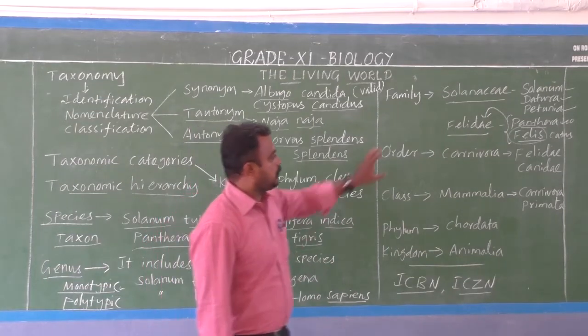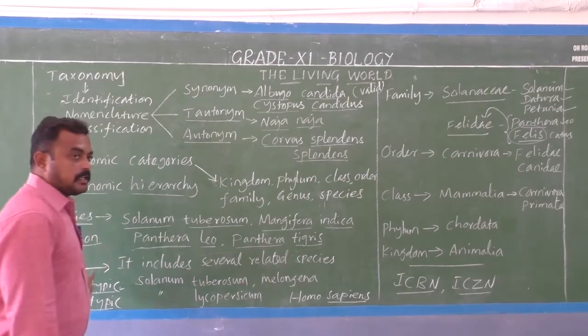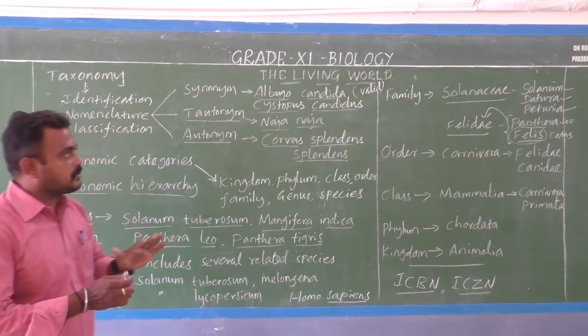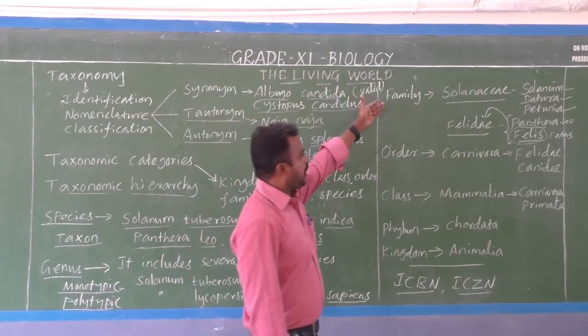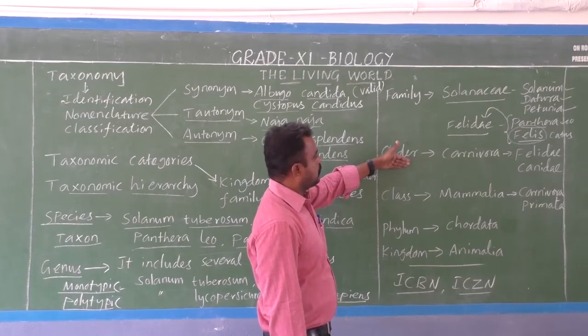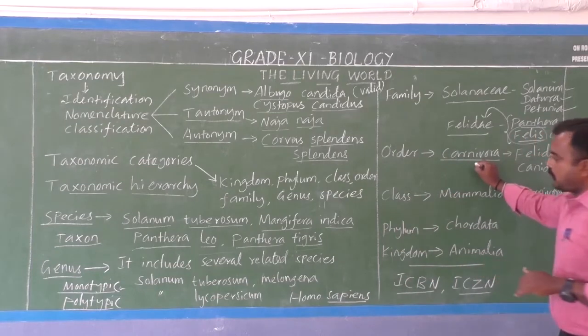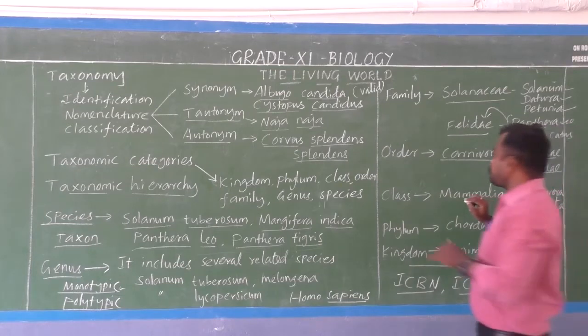Right. The next one, order. Like species, genus, family, order also includes different families. So different families are included in an order. Example, Carnivora. It is one order. Here we have two families, Felidae and Canidae.